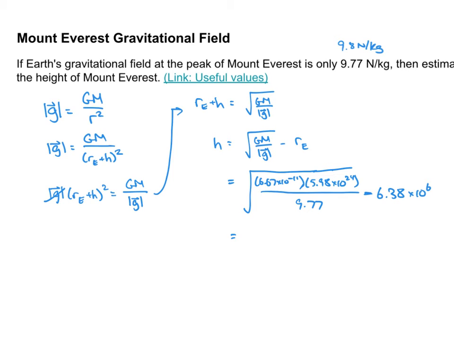So all that stuff under the radical, each thing there has 3 significant digits. So to 3 significant digits, it's 6.39 times 10 to the 6.